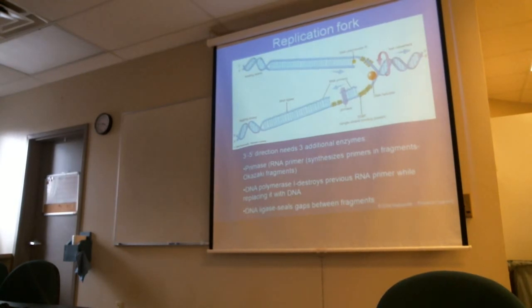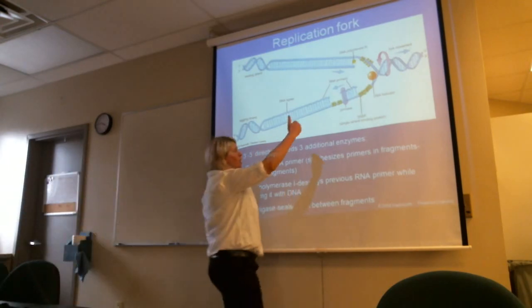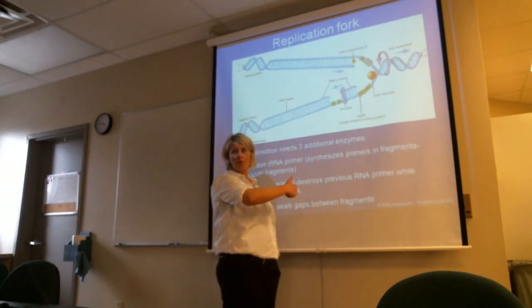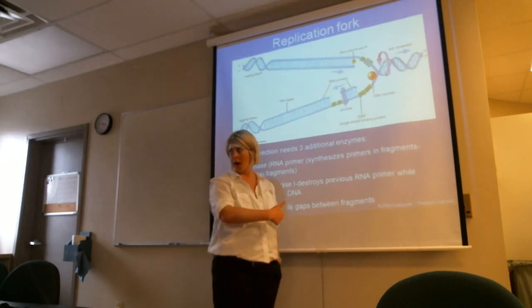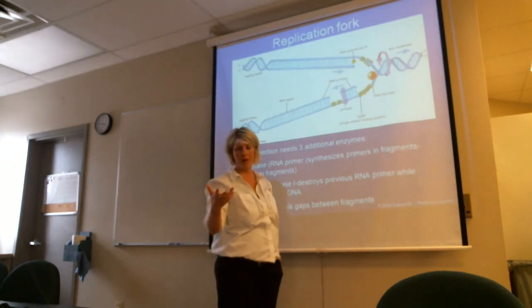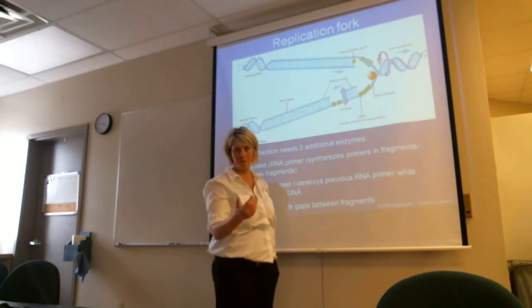In the lagging strand, the primase is going to make RNA primers in chunks all across that lagging strand. You have DNA polymerase 1 that helps to clean up those primers, but what happens is DNA polymerase 3 can run for just a little bit, then it stops. Then another primase adds a primer, which is RNA.